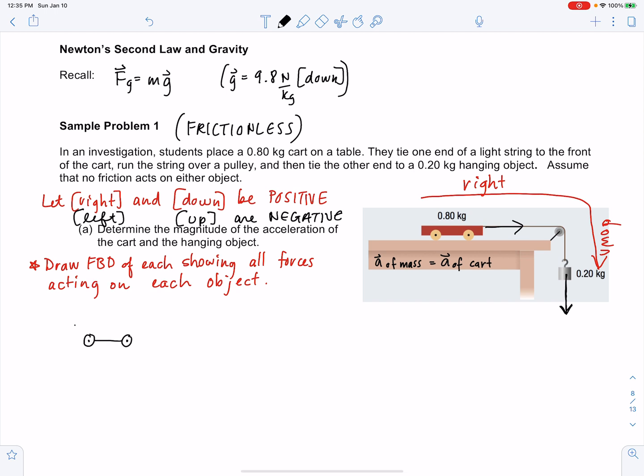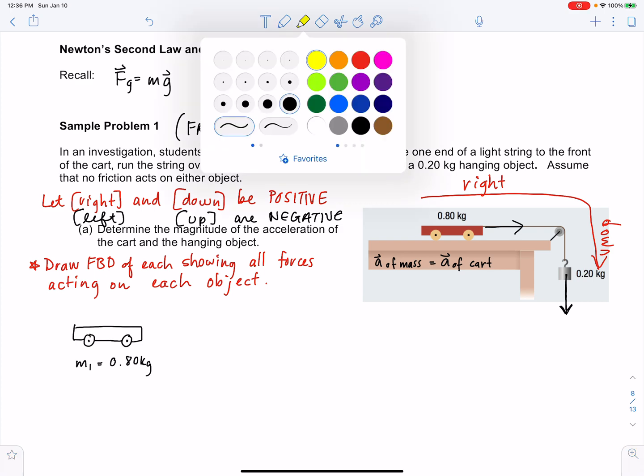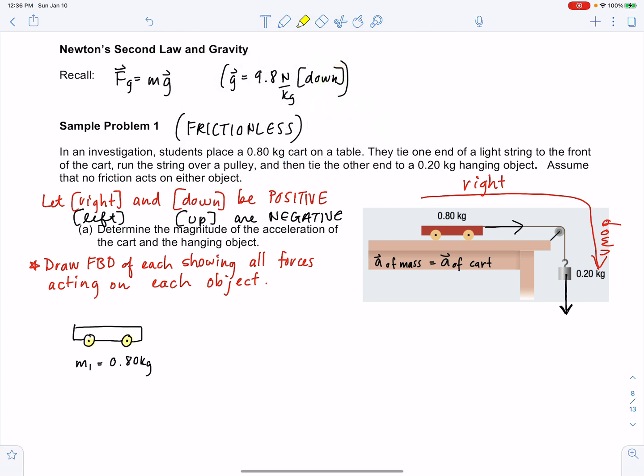Your free body diagram doesn't have to be detailed like this one, but I wanted you to be able to distinguish between the cart and the mass, if I drew a square box. And the mass of this guy here is 0.80 kilograms. I may even go the step further and color it in for you, so there is no question as to which object we're talking about.